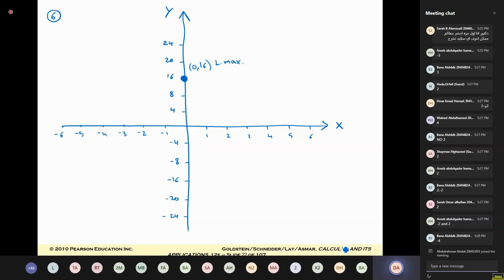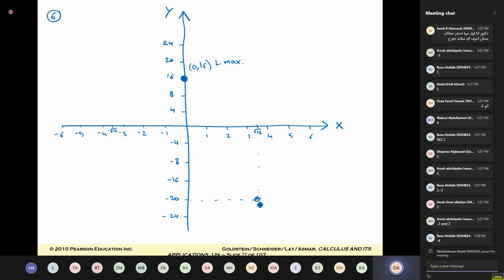And for the local minimum, we have 2 points: radical 12 and minus 20. We put radical 12 here, and here, negative radical 12, which is around 3.46, so between 3 and 4. So we have this one and the 20.